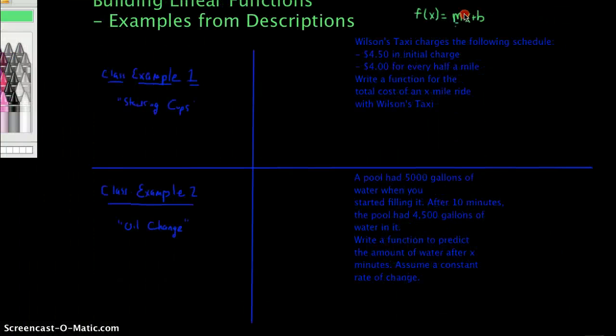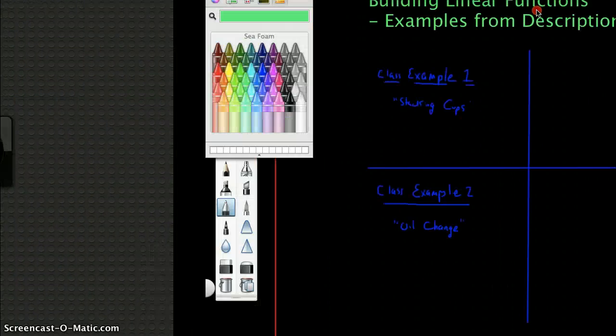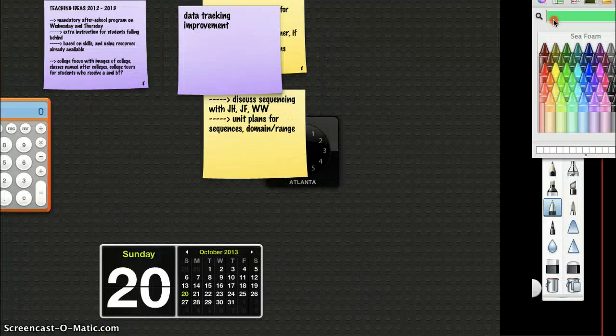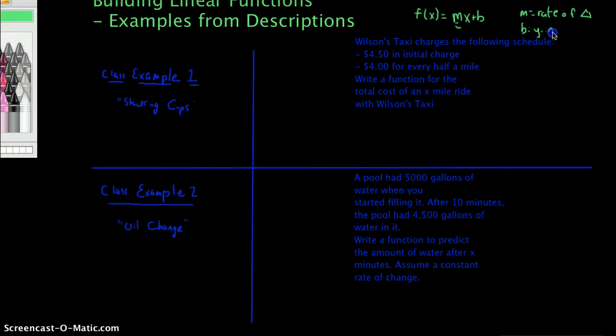So m is our rate of change. Our constant rate of change, or our slope. I'm going to use a triangle symbol for change. We've seen that before. So m is our rate of change, and b is our y-intercept.